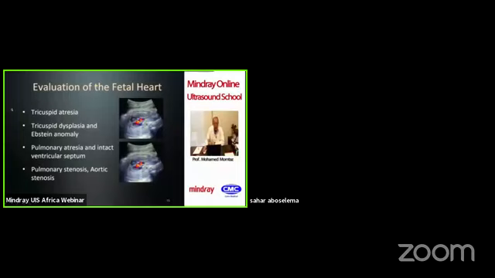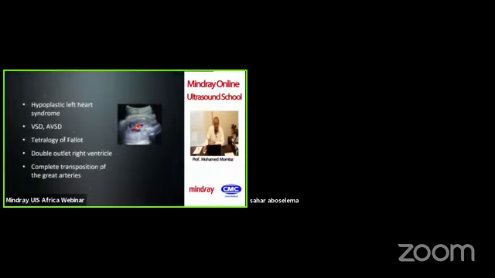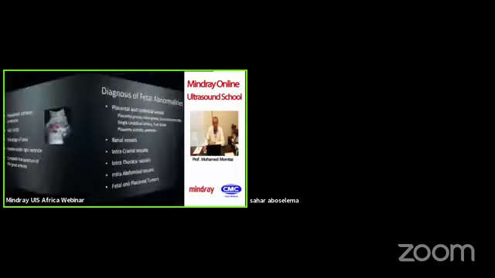You can diagnose tricuspid atresia, tricuspid dysplasia, Ebstein anomaly, pulmonary atresia with intact ventricular septum, pulmonary stenosis, aortic stenosis, hypoplastic left heart syndrome, VSD, AVSD, tetralogy of Fallot, double outlet right ventricle, complete transposition of the great arteries. This is all a list of congenital heart disease that you may need color flow and Doppler to diagnose.